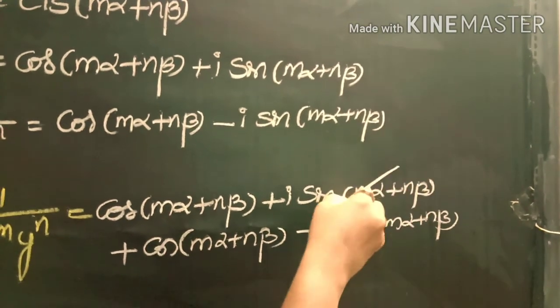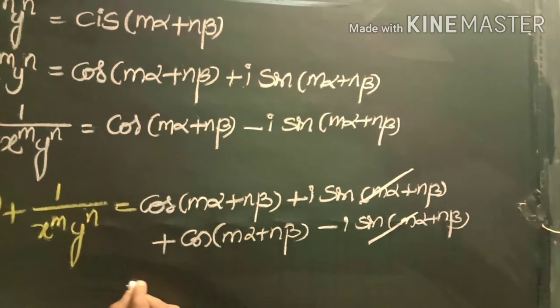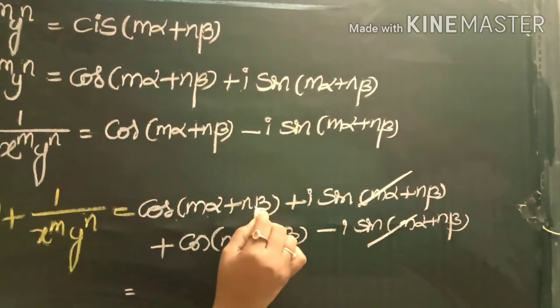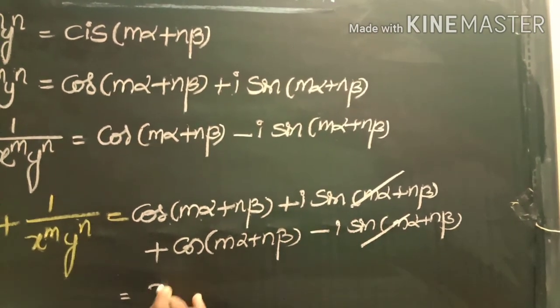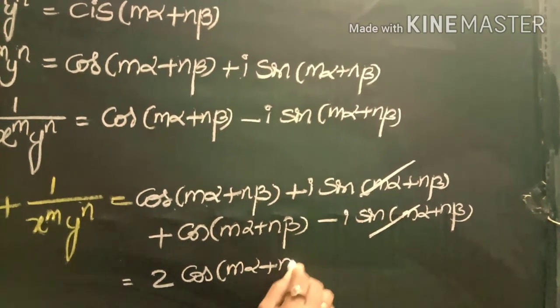So here i sin(mα + nβ) minus i sin(mα + nβ) gets cancelled. Now this is equal to cos(mα + nβ) + cos(mα + nβ). So the answer is 2 cos(mα + nβ).